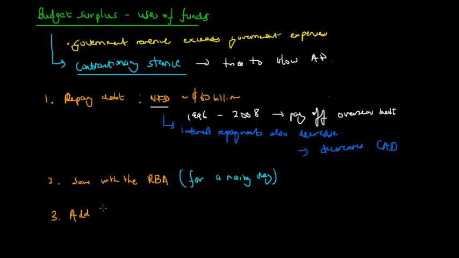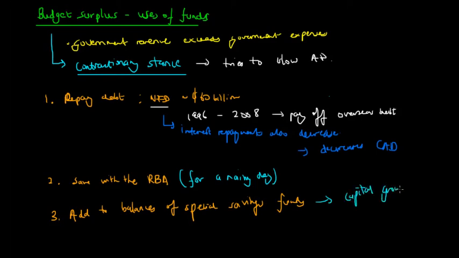And lastly, we have adding to balances of special savings funds. And this all contributes to capital growth. So there are three funds at the moment that the government are trying to add savings to.